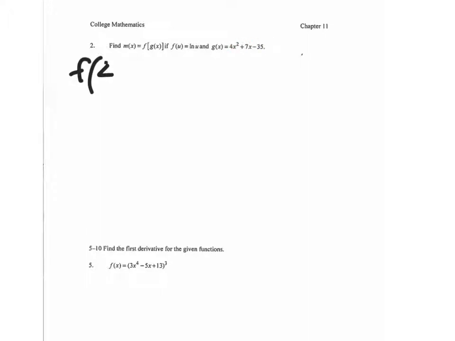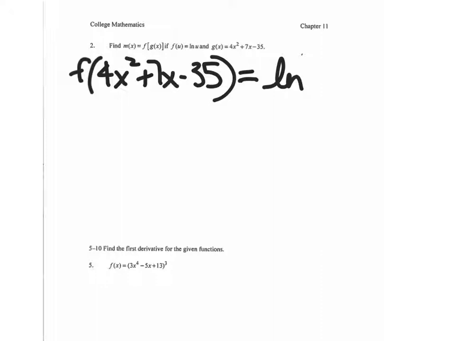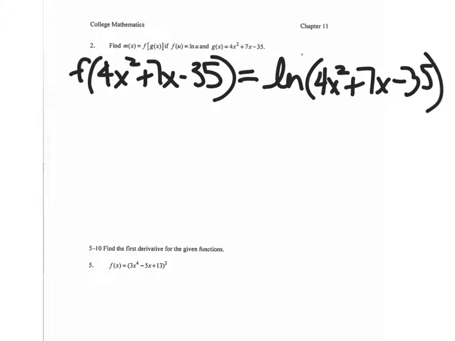So we're going to have f of 4x squared plus 7x minus 35. And now, if I plug that into the f function, that means I'm going to do what with it? I'm going to take the natural log of all that. So it just becomes the natural log of, and then I would put in the 4x squared plus 7x minus 35. Okay, so the idea of how to build a composite function, we're good, correct?